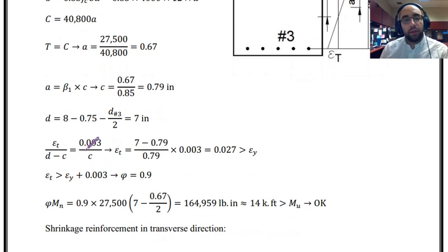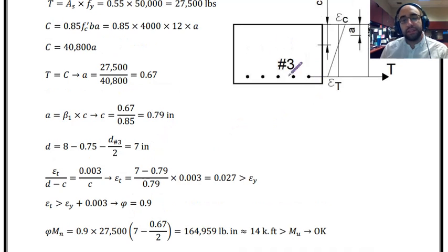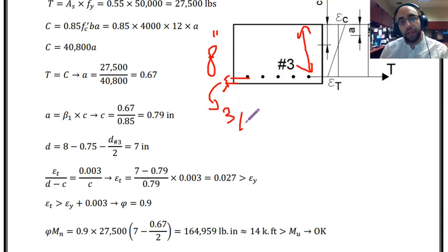So D is this distance. Total height of the section is 8 inches. I have 0.75 or 3/4 inches over here. I just need to add half of bar diameter to find the D, or this distance over here.